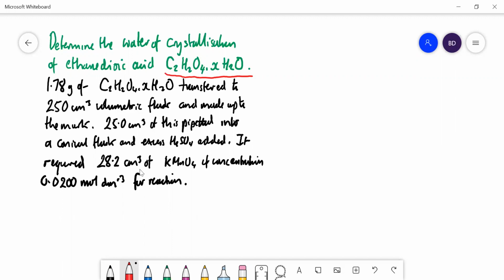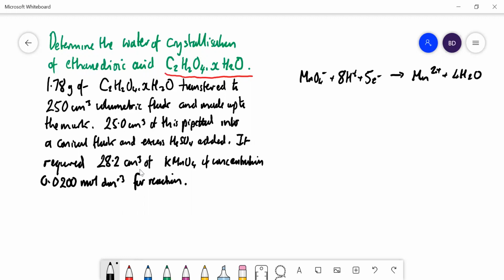Right, now we need to just think about the equations here. So the manganate is the oxidizing agent: MnO4 minus plus 8H plus plus 5e minus goes to Mn2 plus and 4 waters.